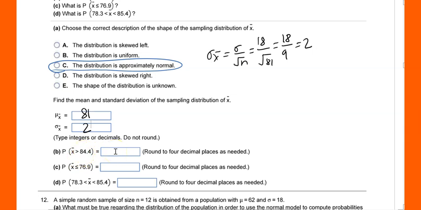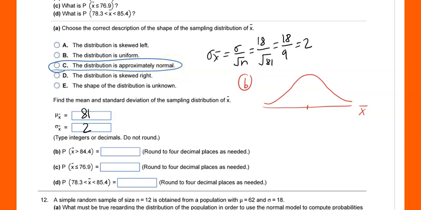Here we are looking for the probability of the sample mean being greater than 84.4. I don't have to draw the picture every time, but one time I'll draw it. For B, this is x bar. All sample means are going to be on this line. That's what the graph looks like because we know the sampling distribution is approximately normal.